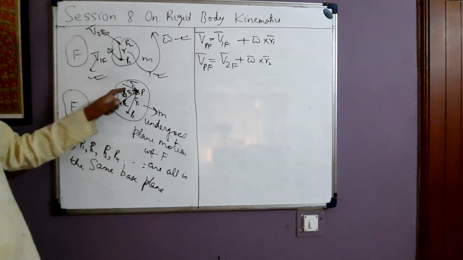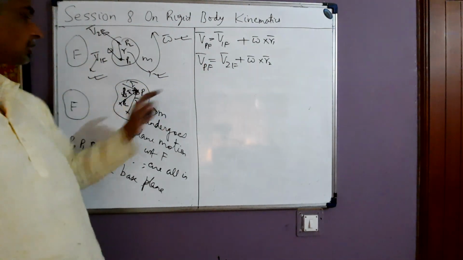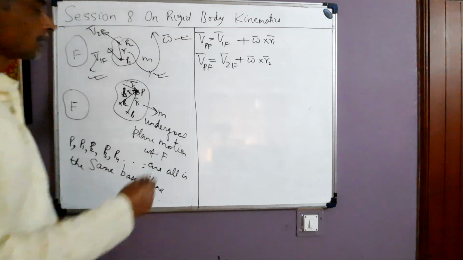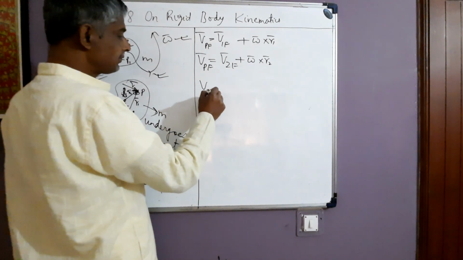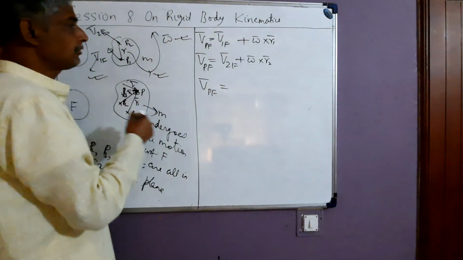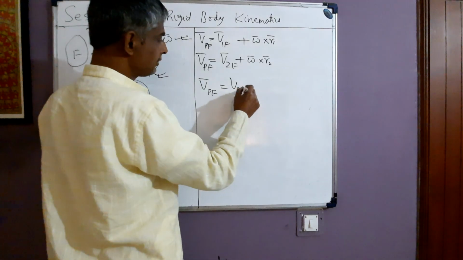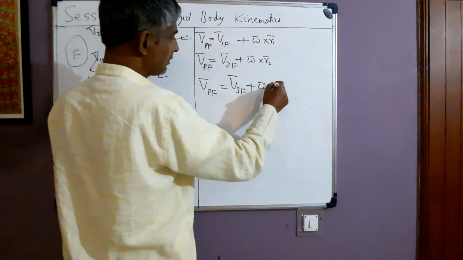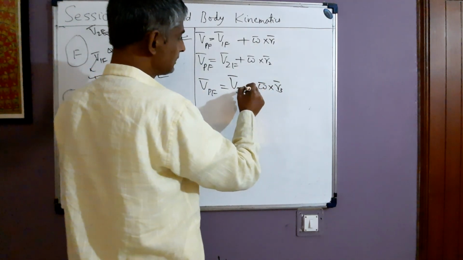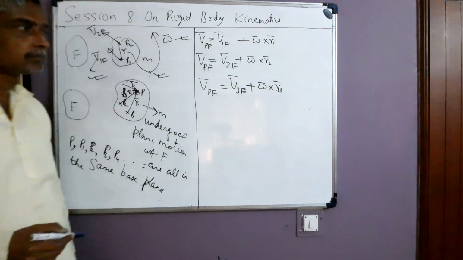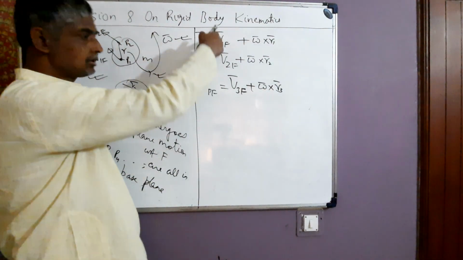If we express VPF in terms of P3, it becomes V3F plus omega cross R3. So this is all formula.